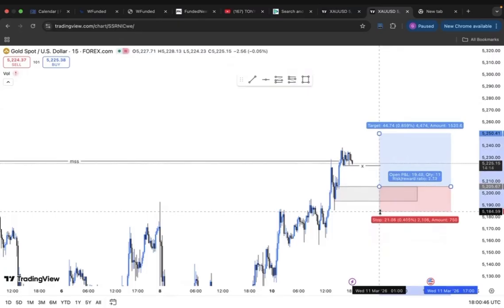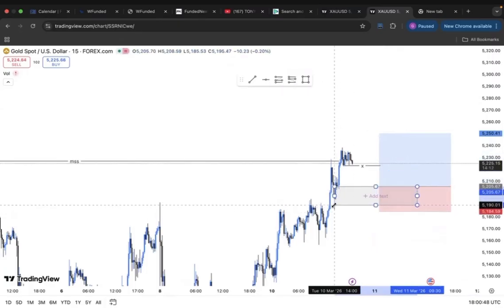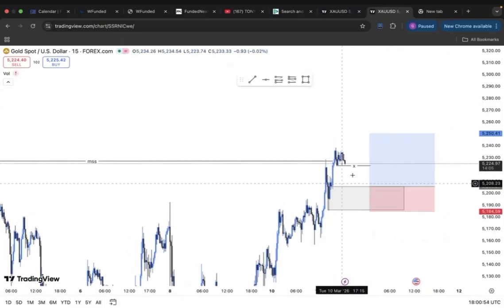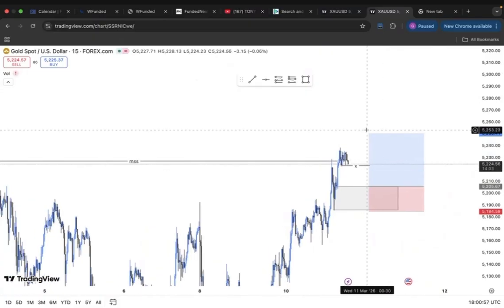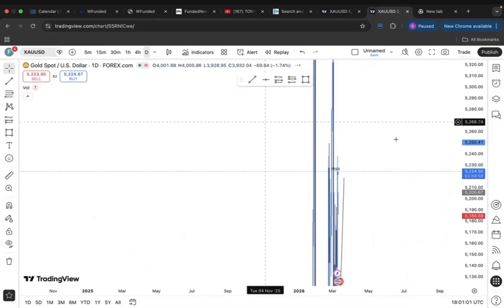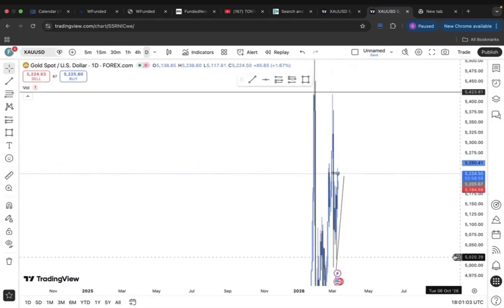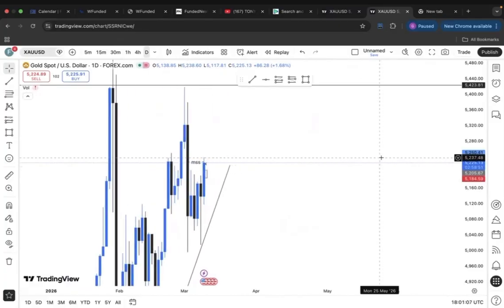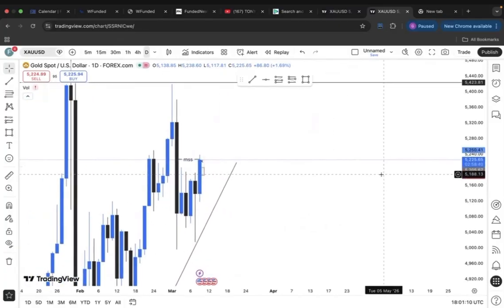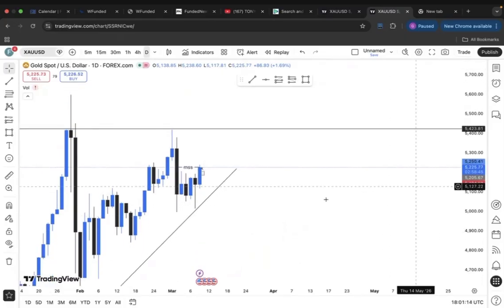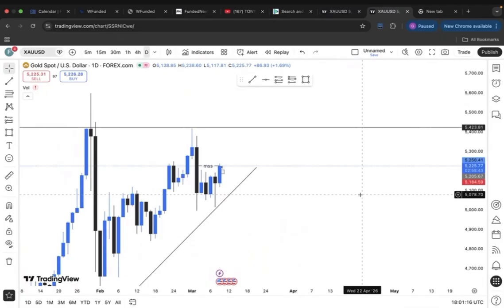So I will set my buy position here, then go to the daily time frame, and target that recent high, that particular level. If price gives me solid liquidity there, I'll go to the daily time frame, right? I'll be targeting that recent high at that particular level.